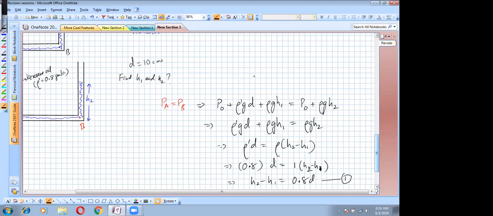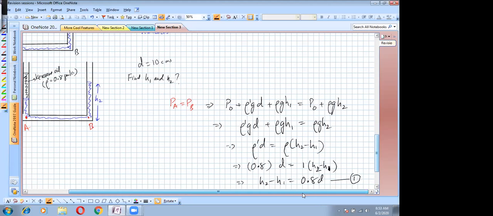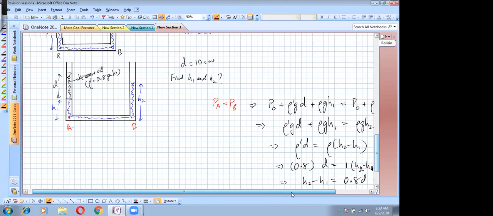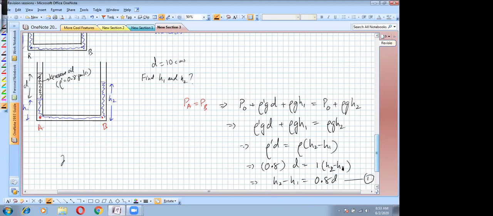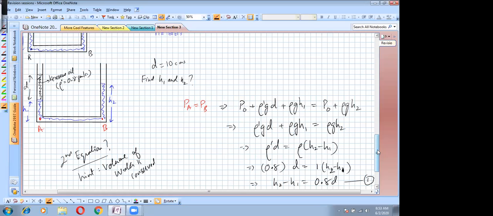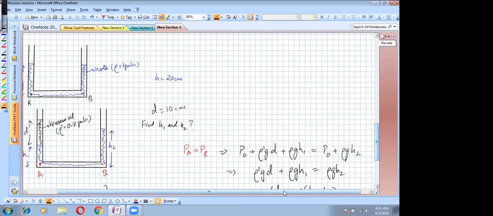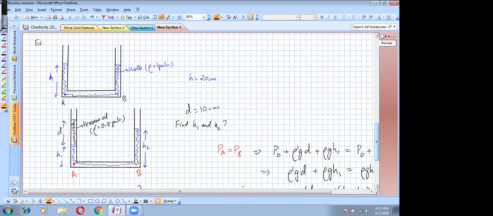Now another equation has to be generated because we have two variables H1 and H2. So try to think how we'll get the other equation. Okay, so where will the second equation come from? Second equation hint is that volume of water is the same. Between the first picture and the second picture, you're not adding or removing any water. So volume of water should remain constant. So now try that out to find out the second equation and solve it.